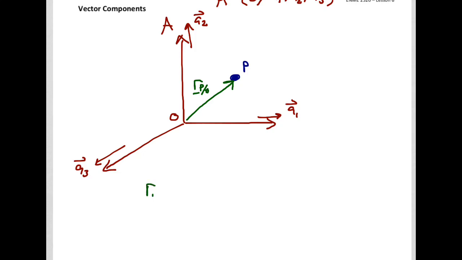So it's R of P with respect to O is equal to the scalar A1 in the A1 direction plus the scalar A2 in the A2 direction plus the scalar A3 in the A3 direction. So we have a set of three scalars that define the position of point P with respect to point O. And so now we've got a vector definition of that location of P.